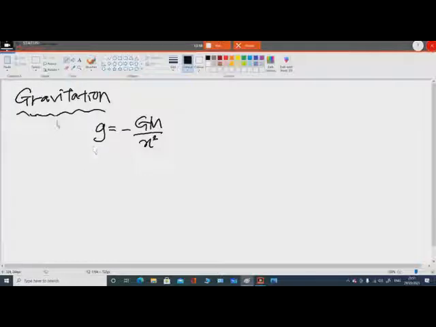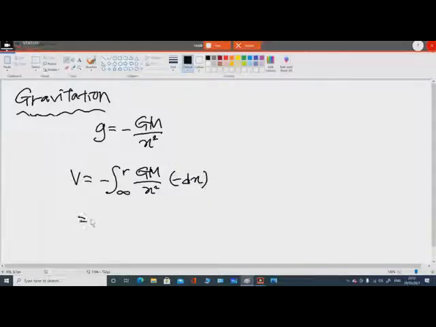So our gravitational potential is equal to the integration from infinity to r of negative GM over x squared. The change in x is closer and closer towards the direction of the Earth, so the change in x will be negative, the same as how we integrate the gravitational force.